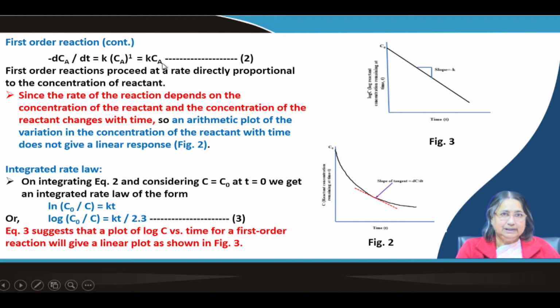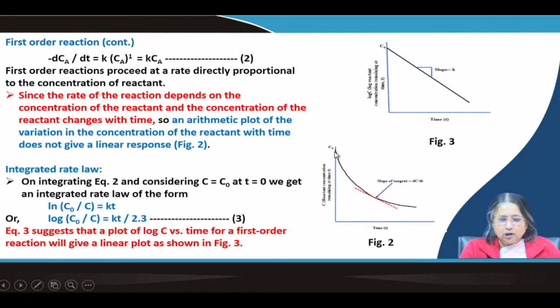Since the rate of the reaction depends on the concentration of the reactant, and the reactant concentration changes with time, an arithmetic plot of the variation in the concentration of the reactant with time does not give a linear response. So, figure 2.